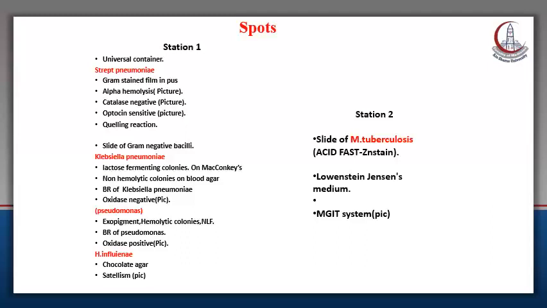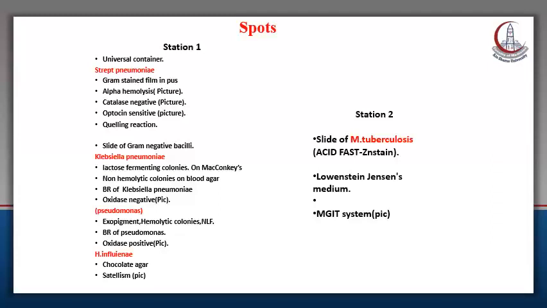Don't forget Haemophilus influenzae should be inoculated on chocolate agar and incubated in 5 to 10% carbon dioxide in the incubator. Don't forget the picture of the characteristic satellitism of Haemophilus influenzae around the Staphylococcus colonies in the middle. Okay, this is for case scenario 1.